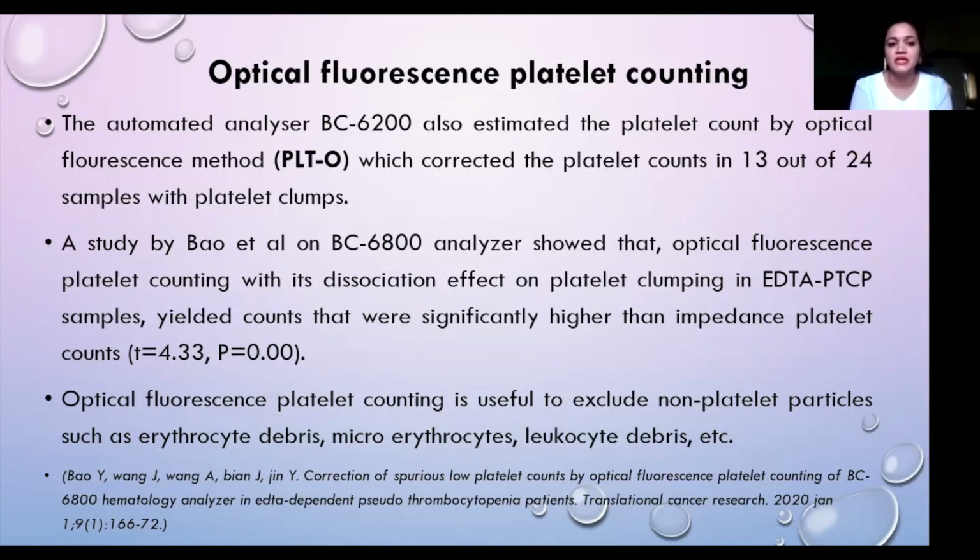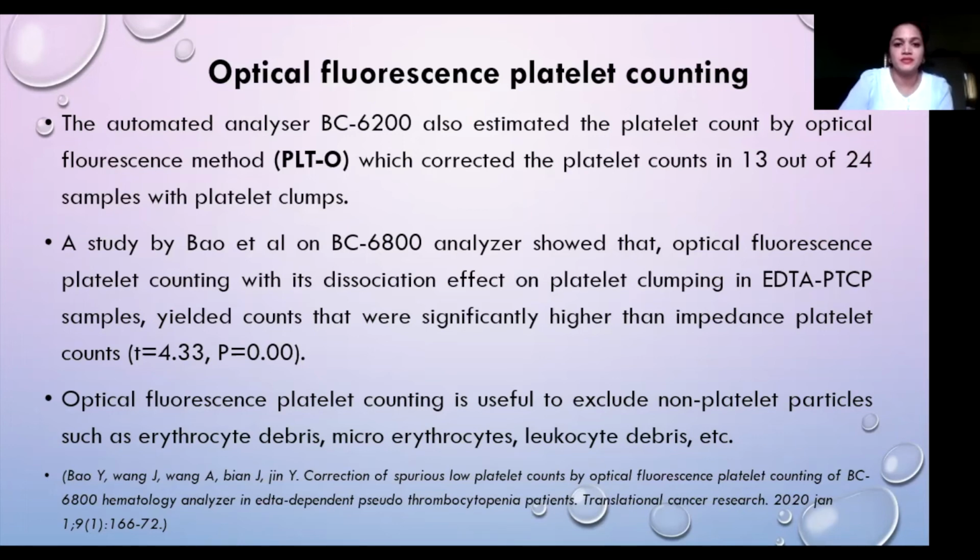They also say optical fluorescence platelet counting is useful to exclude non-platelet cells such as erythrocyte debris, microerythrocytes, and leukocyte debris. So in our study, because the instrument had this facility, we could evaluate the platelet count by the optical fluorescence method, which improved the platelet count in 13 samples.